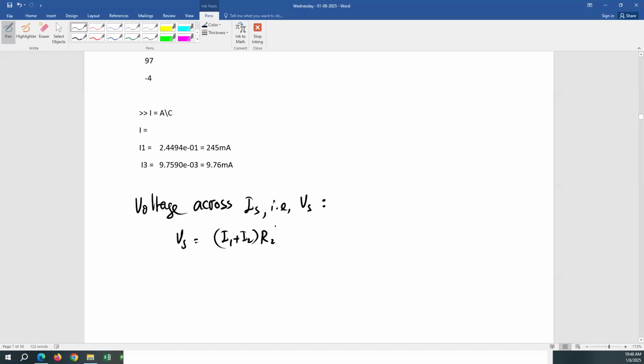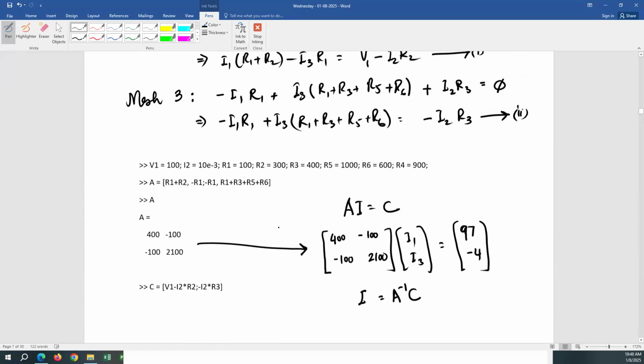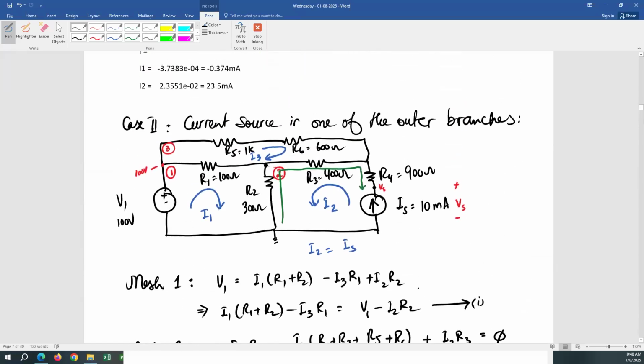All we are doing is applying KVL in this loop. Basically, negative Vs plus whatever voltage here plus whatever voltage here plus whatever voltage here equals 0. I'm just writing it in a different way. All right, when I get from this node to this node right here, what is going to be the voltage that will be either dropped across R3, or gained in R3?